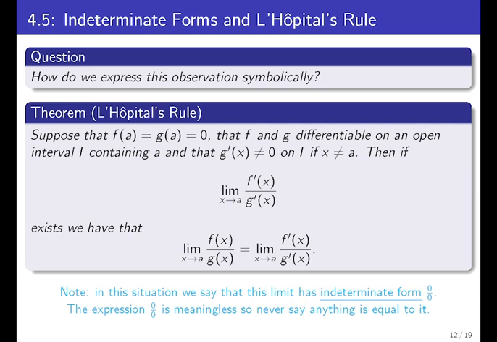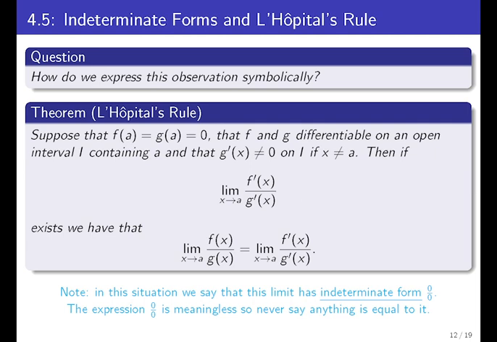It says that if you have two differentiable functions that are both 0 at the same point A, if you want to find the limit of their quotient, it is going to be the same as the limit of the quotient of their derivatives, provided the second one exists. When you have a situation like this, where the numerator and denominator are at 0 at the point you're taking a limit, we say that that limit has the indeterminate form 0 over 0.